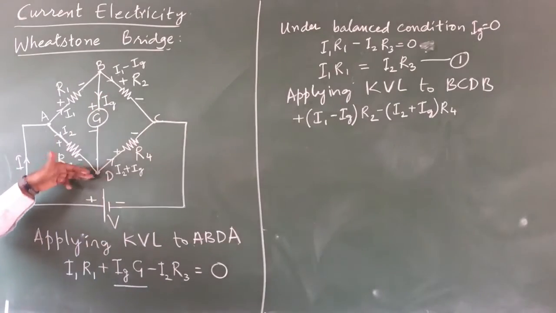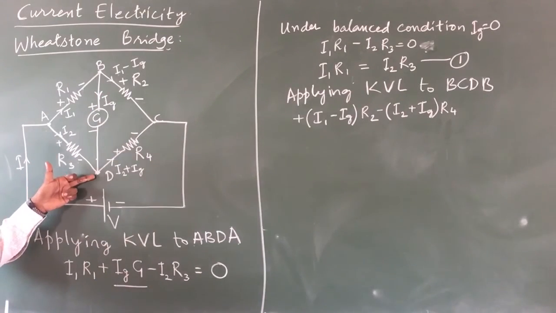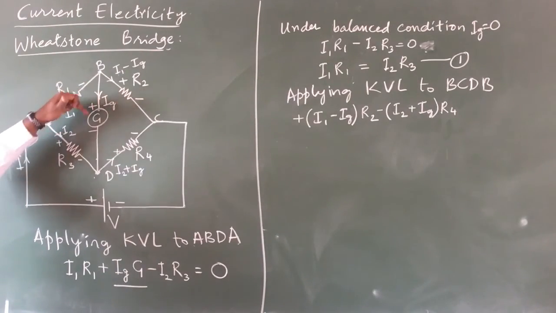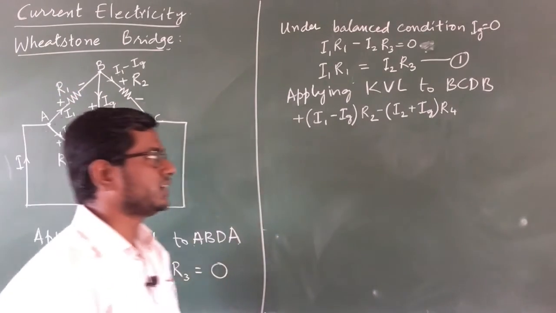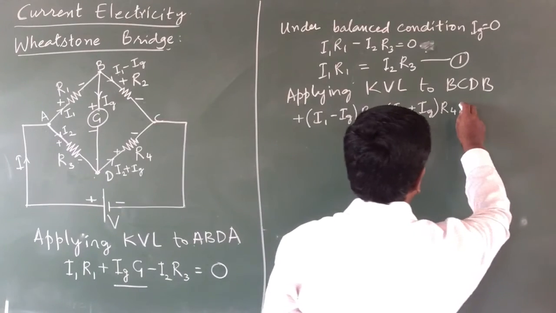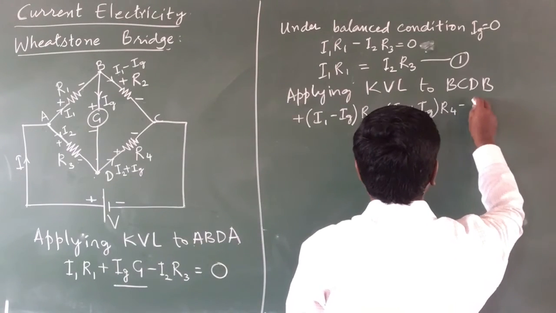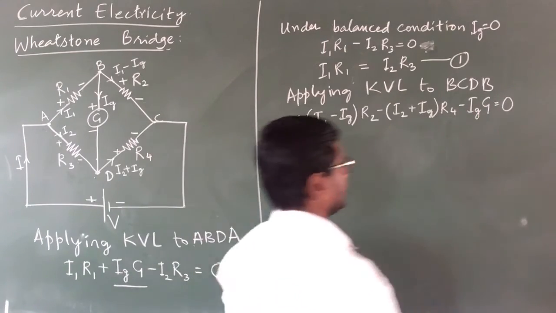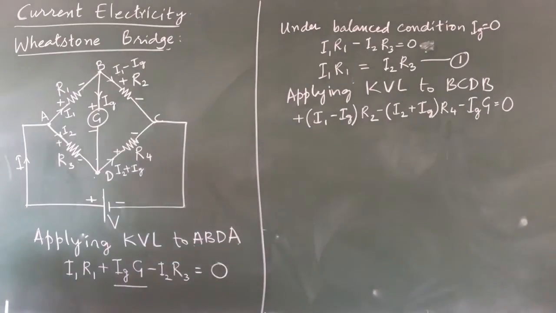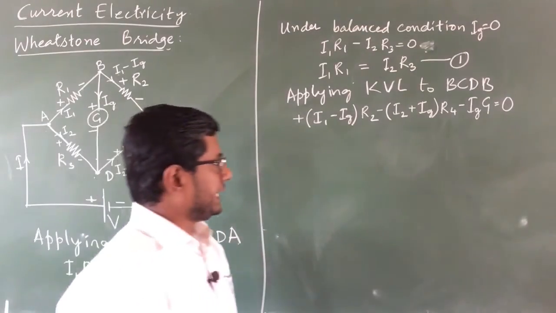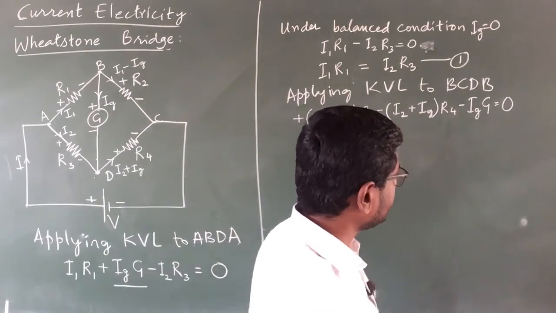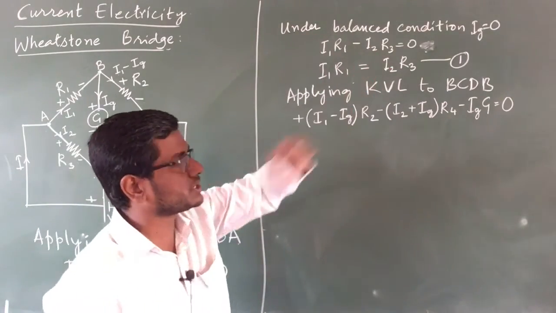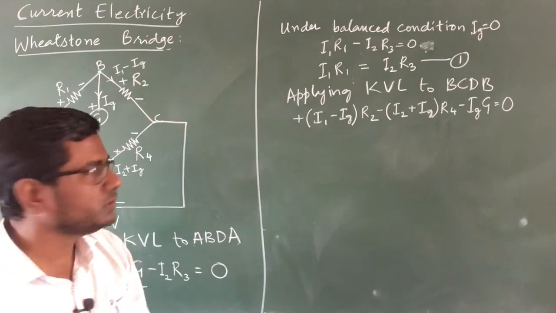So the C to D part is over. The next part is going from D to B. It is a negative sign. Current is Ig and there is a resistance of the galvanometer, G. So that will be minus Ig into G equals 0. That's my condition. Next, I can open the bracket and I can cancel that Ig term, because we know that under balanced condition Ig should be equal to 0.